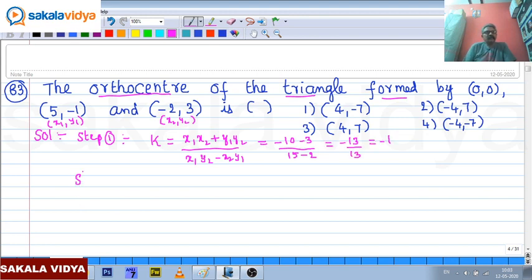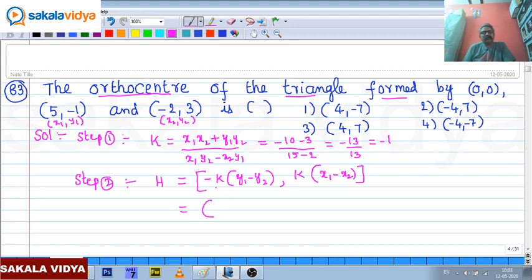Now step 2. The orthocenter H is equal to, directly we can write, minus K times (y1 minus y2), comma K times (x1 minus x2). K means minus 1 here.